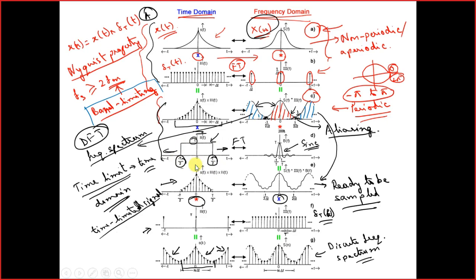Okay, so in the last step, if you see, both the time domain and the frequency domain signals are discrete, and both of them are periodic in nature. Discrete and periodic in nature.